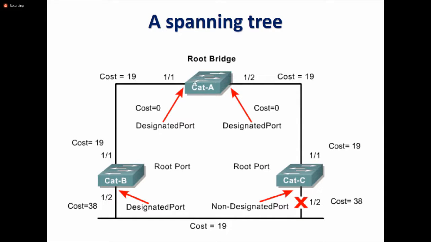Finalizing the root bridge is the first thing. Then in this case, the cost to this one is 19, and the cost to this one is also 19. Same cost.